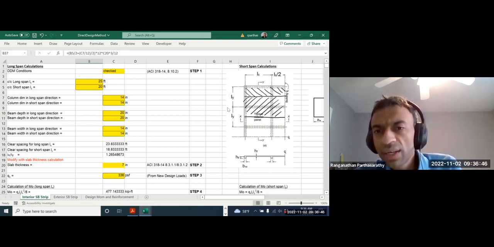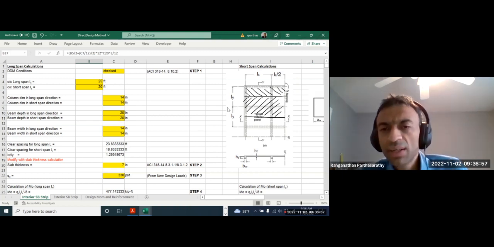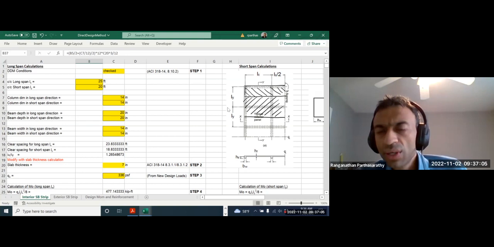When we are looking at this slab beam panel, we will take the full width in the short span to determine the slab moment of inertia. But when we are doing this panel, we will use only half of this short span width.